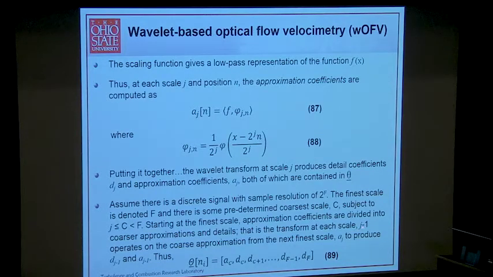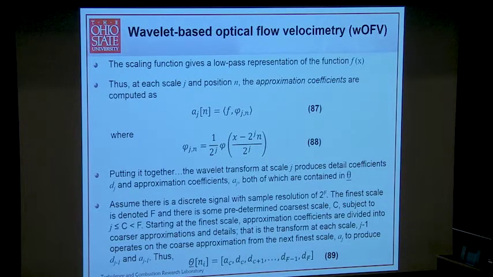So the transform at each scale operates on the coarse approximation from the previous scale to produce a new coarse approximation and new detail. Think of it as a tree. At each scale, I produce a whole bunch of detailed coefficients and one approximation. Then I take that approximation, act on it again, and generate another coarser approximation and a whole bunch more detailed coefficients.